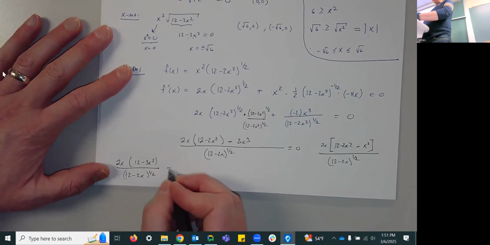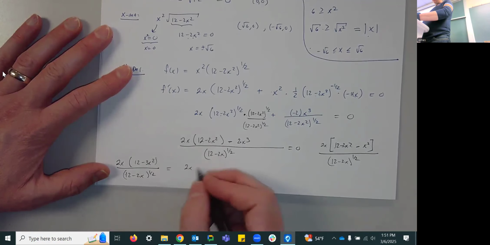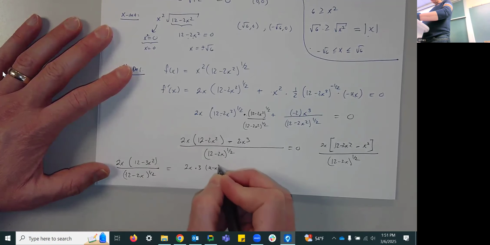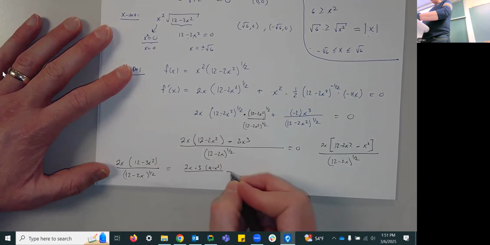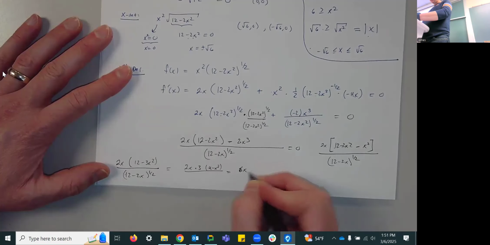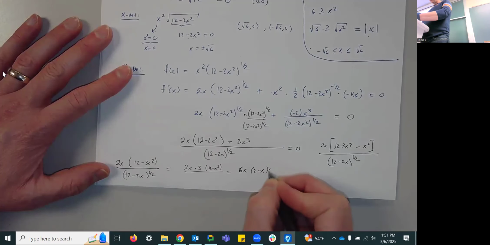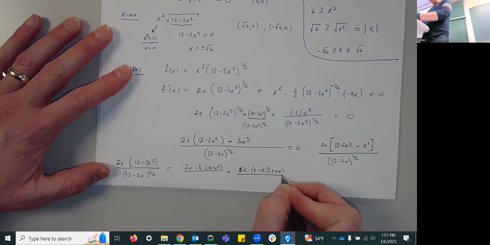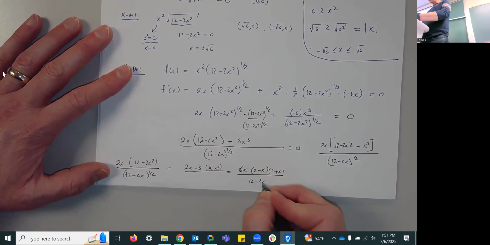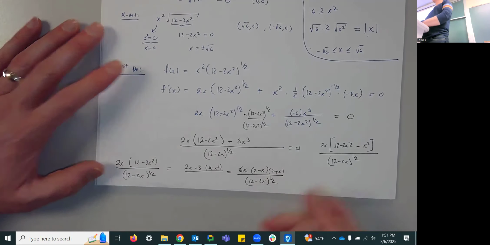Factor the top as much as possible, and you factor out a 3. Then you have a 4 minus x squared, which factors as 6x times (2 minus x) times (2 plus x). Goodness, lots of work to do. That's why sometimes they give you the derivative, because look at how terrible all that work is.